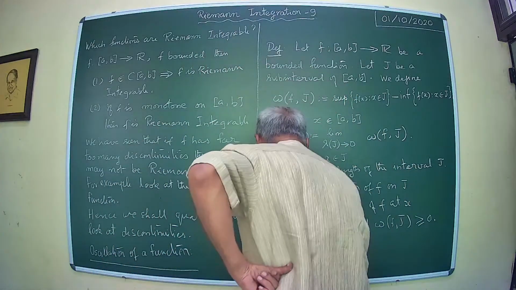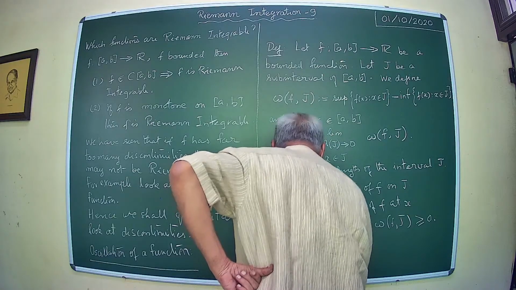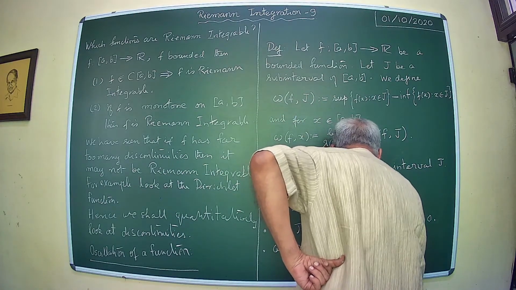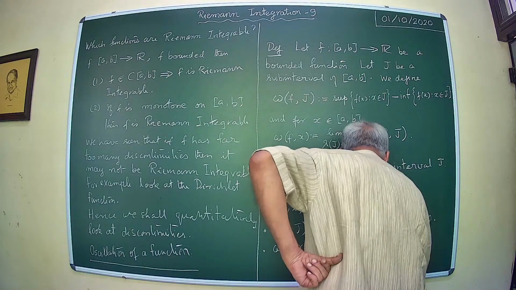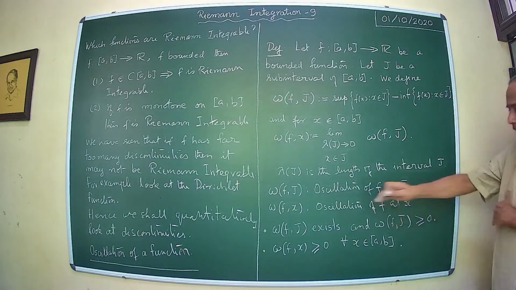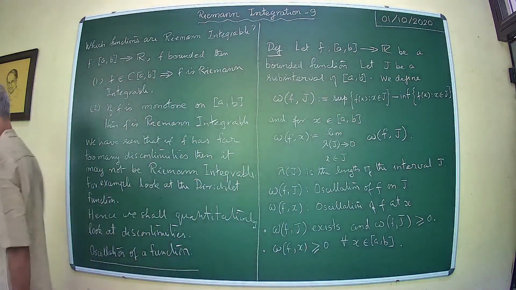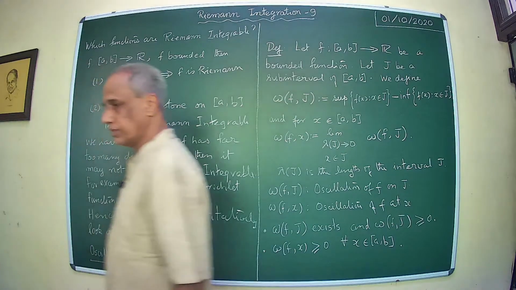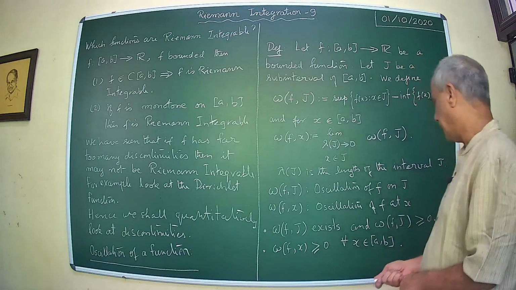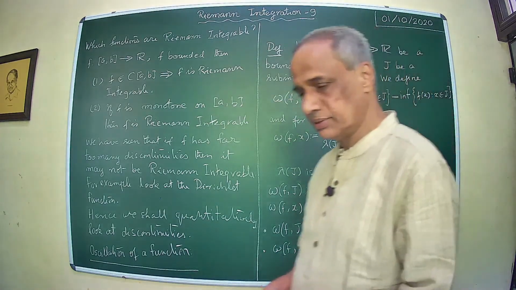Now, therefore, we also have omega f of x greater than or equal to 0 for every x belonging to [a, b]. So the oscillation is a non-negative number. It exists and it is non-negative, and that is important.